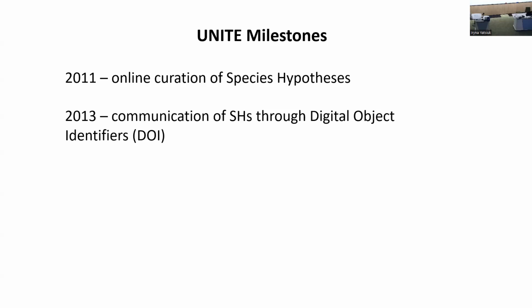So after working a few years, we implemented the so-called taxon hypothesis paradigm. And species hypothesis is a specific case of taxon hypothesis. We also started to generate persistent identifiers for those species through the different versions we were computing. And all these persistent identifiers are connected to a taxonomic backbone.